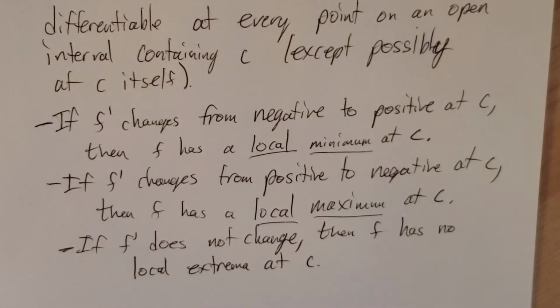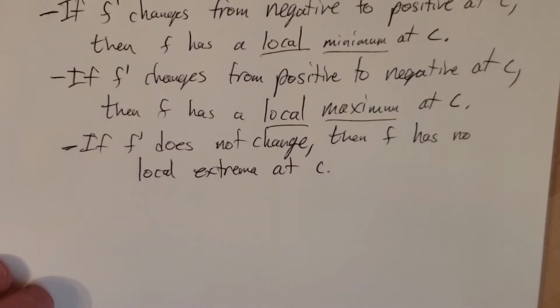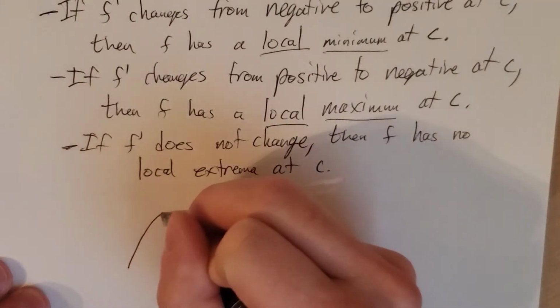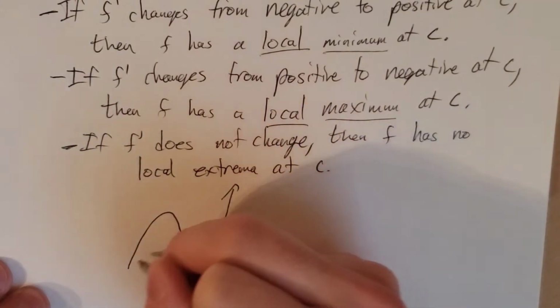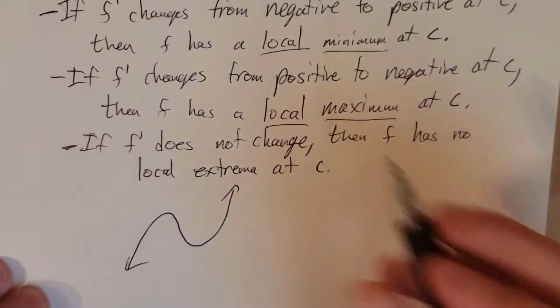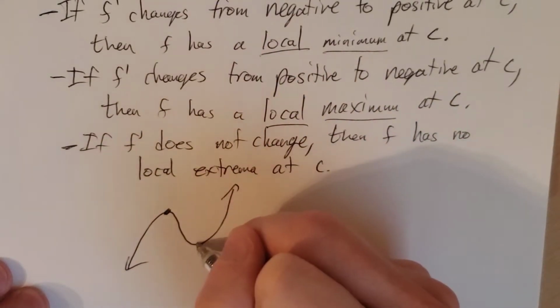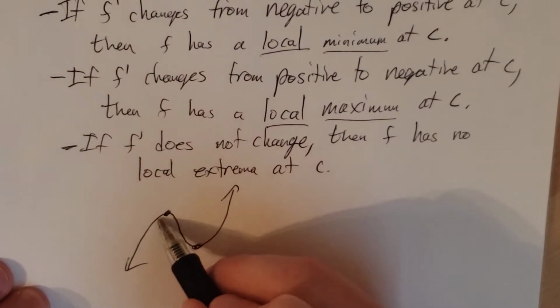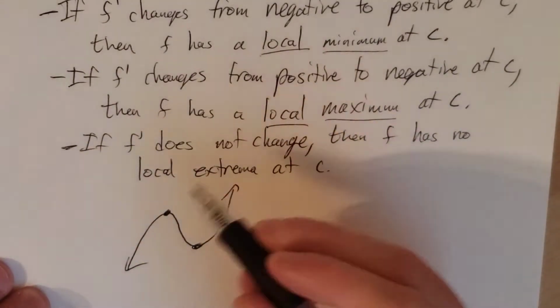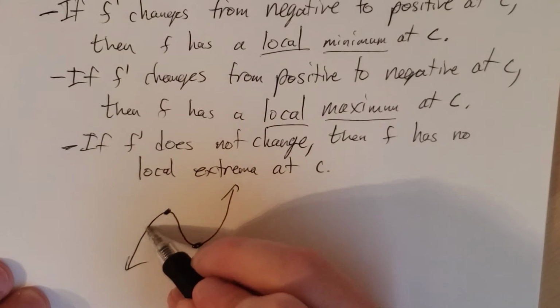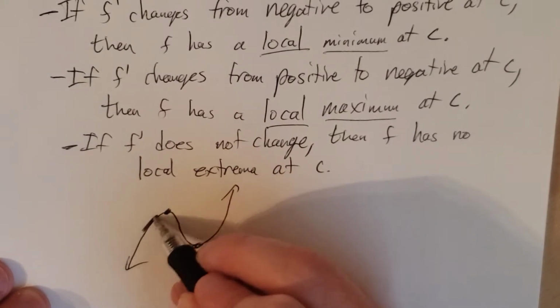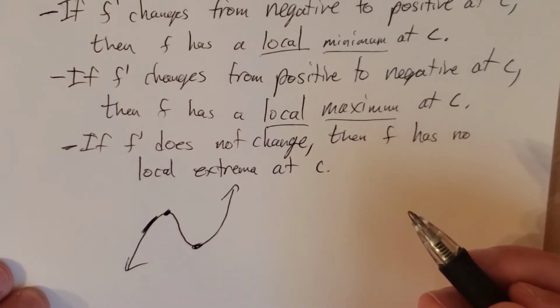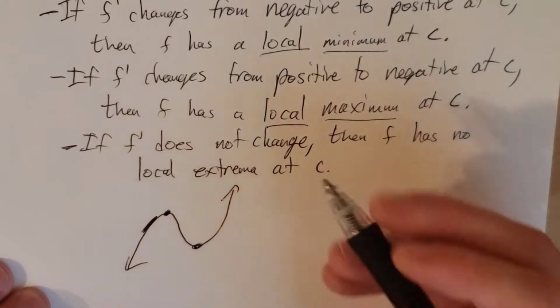Let's take a look at what that means relative to a picture. On this picture, we have two local extrema. Notice to the left of this critical value, our slopes are positive, so our function is increasing. So our derivative is positive.